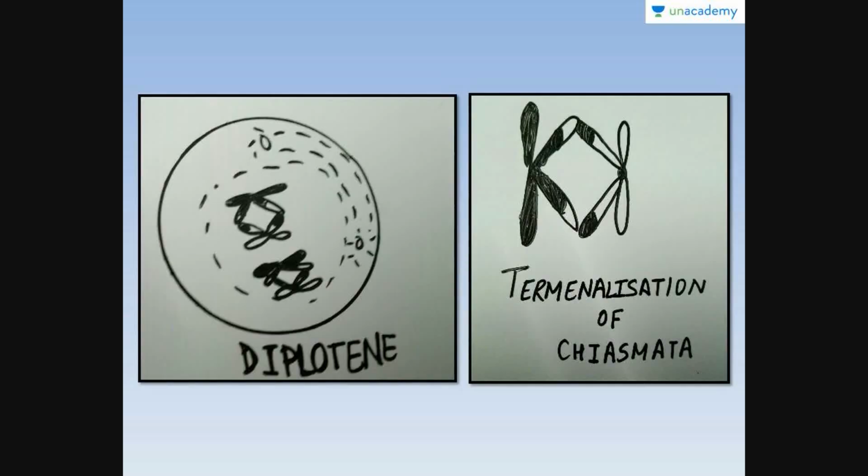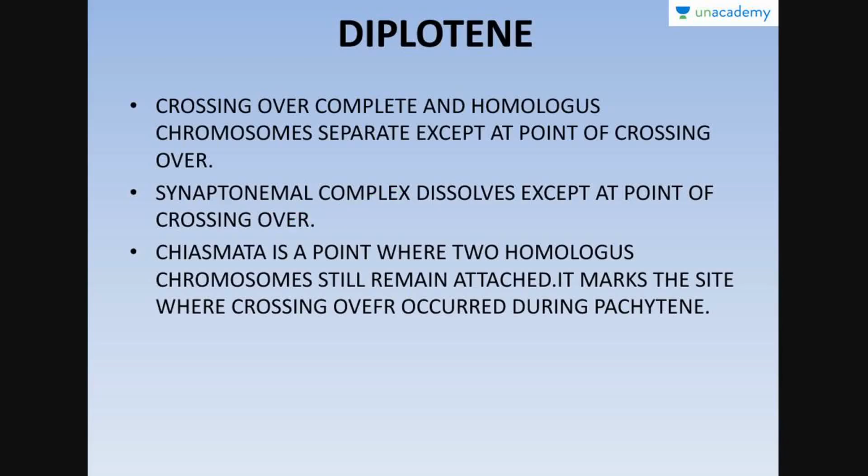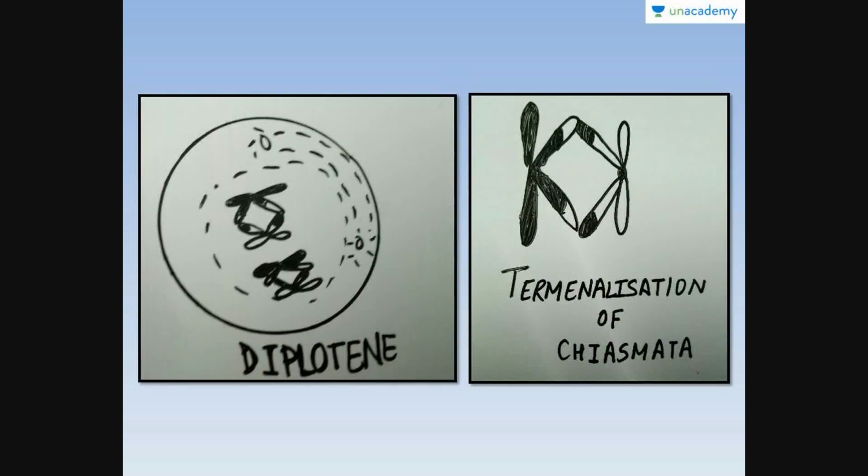You can see this white fragment has attached to the black sister chromatid, and this small black fragment has attached to the transparent sister chromatid. This means an exchange of genetic material has occurred. During the Diplotene stage, chiasmata are formed, the spindle fiber is forming, and the two centrioles are moving towards the opposite poles.